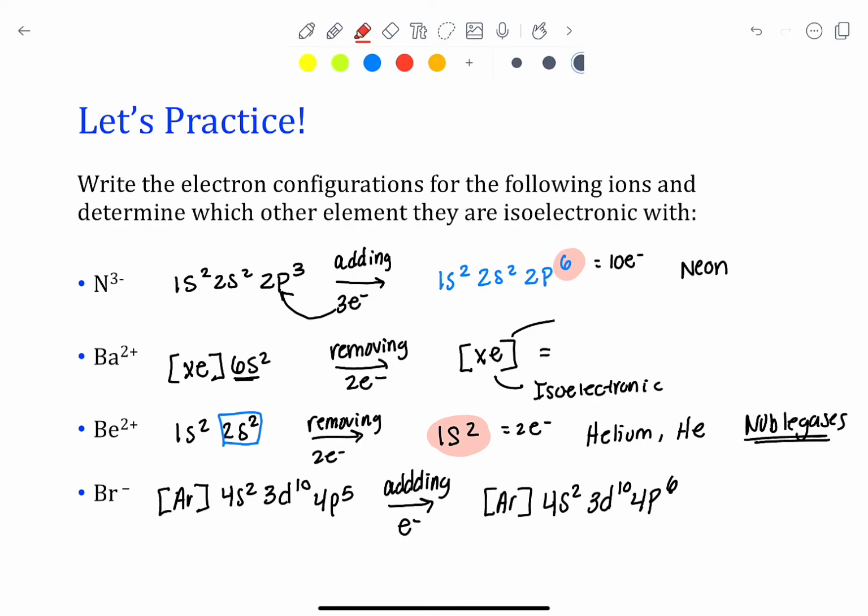So we added that extra electron to the 4p5 because that p orbital has one unpaired electron, so that extra electron went in and filled that space to have a completely filled p orbital, which makes us happy. And this now has a total of 36 electrons, which is isoelectronic with krypton. Again, another one of our noble gases.